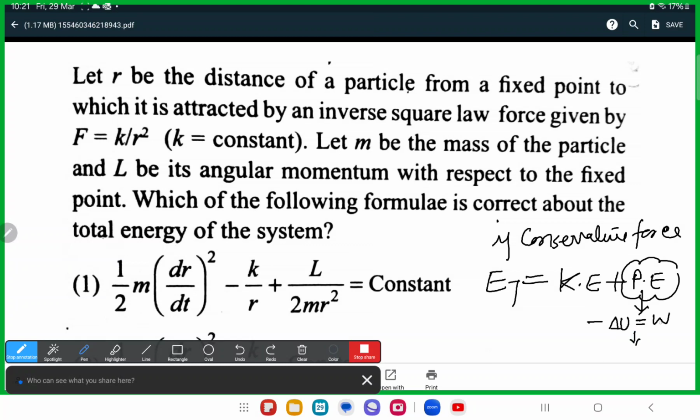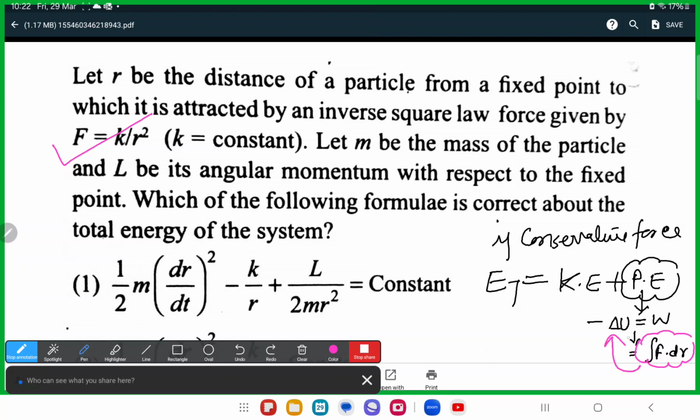And if you remember, we can write W as the integral of F dot dr, since here the force is variable. Now in the given question, F is given as a function of r. So once we integrate it, what will we get? Potential energy.